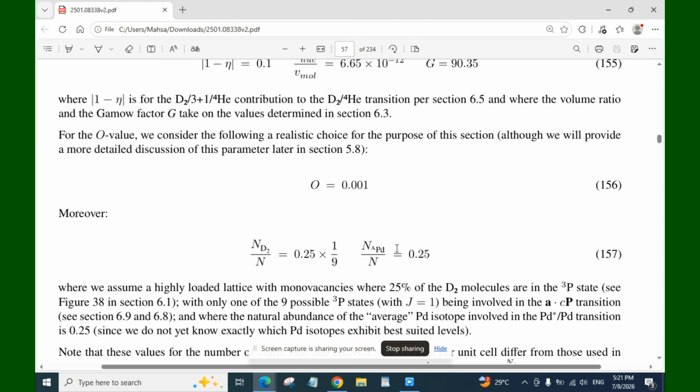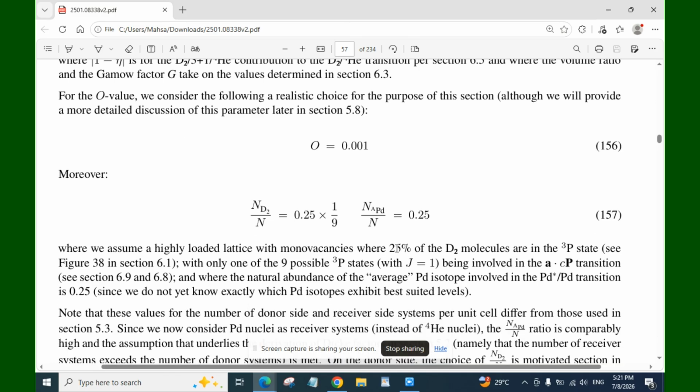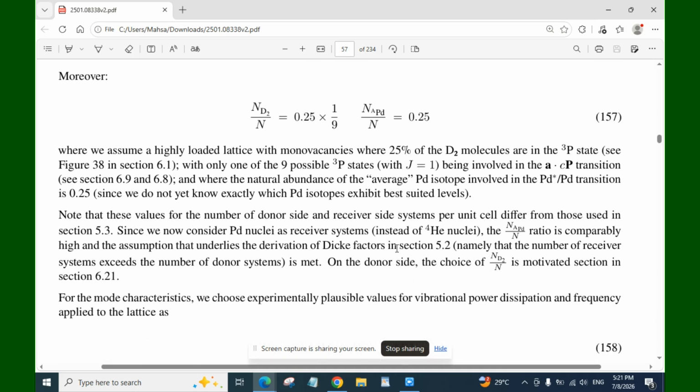Omicron is equal to 0.001. Moreover, n deuterium divided by n is equal to 0.25 multiplied by 1 divided by 9, and n palladium R divided by n is equal to 0.25, where we assume a highly loaded lattice with mono vacancies where 20% of the deuterium molecules are in the P3 state.